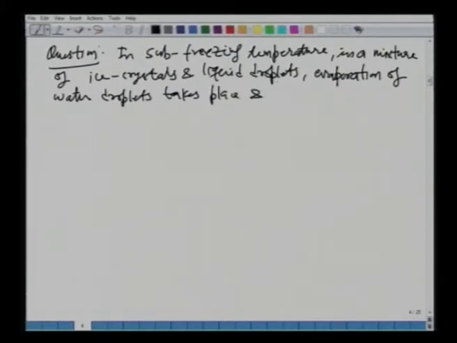And the evaporated water then condenses on ice crystals.